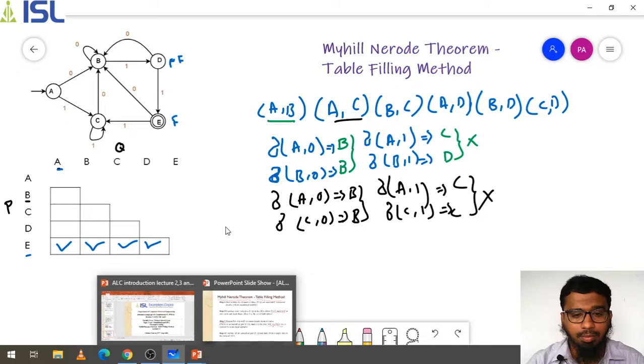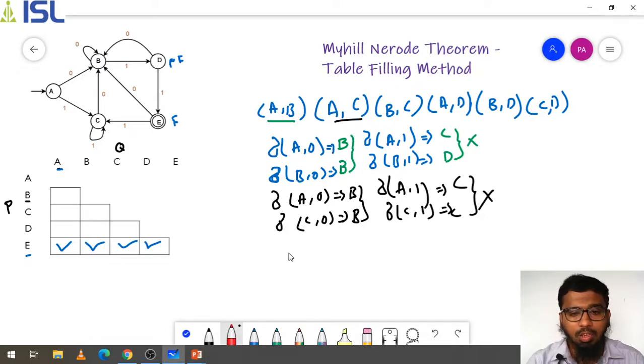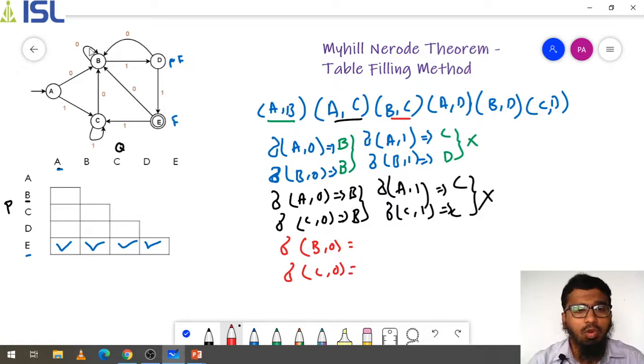Next one is delta(B,0) and delta(C,0). What is B comma 0? B comma 0 is B only, and C comma 0 is also B. So this also will not be accepted.